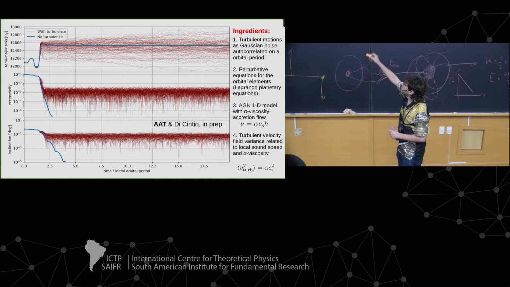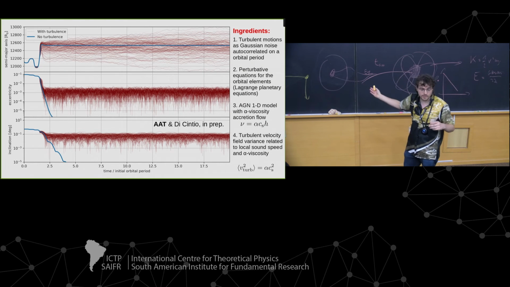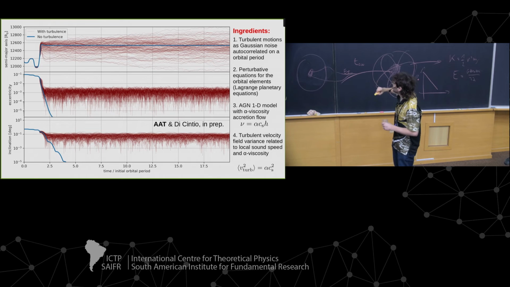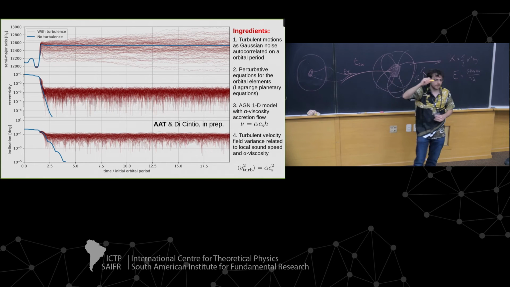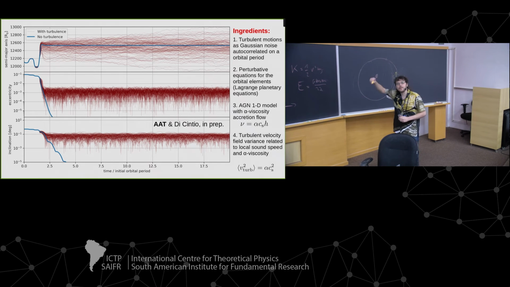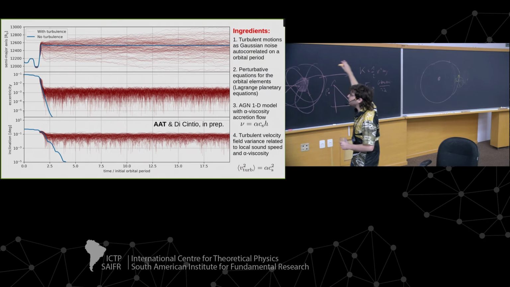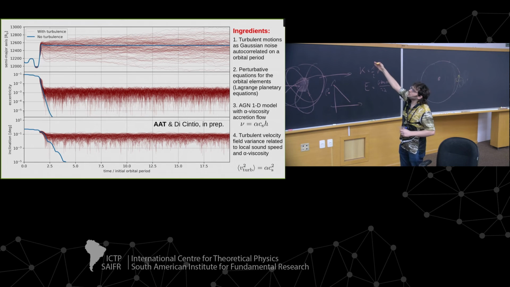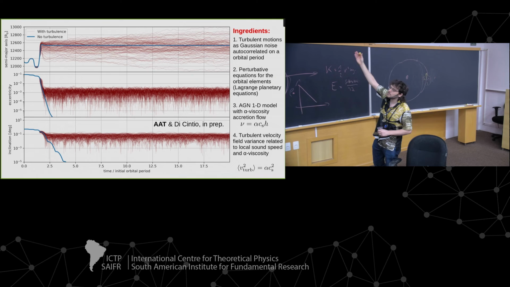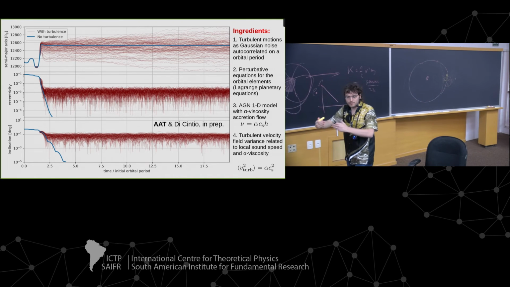In a few orbits the eccentricity and the inclination drop down, and the black hole simply settles into the mid-plane of the disk, circular. But if there is this random velocity field, the black hole keeps getting kicked and eventually remains on a plateau. This plateau can be quite significant, let's say 10 to the minus 2 eccentricity, which can again affect the properties of mergers when two black holes meet.